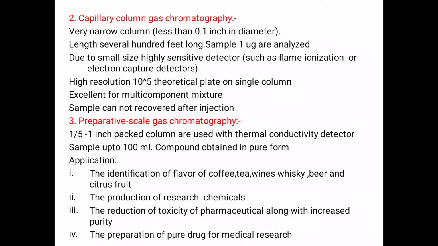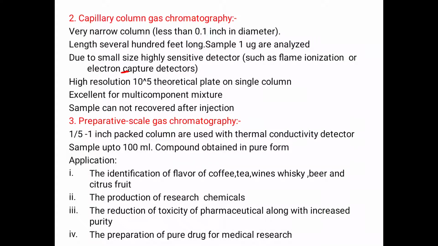The sample of 1 microgram may require size reduction with sample splitters to avoid swamping of the detectors, and due to this, small, highly sensitive detectors such as flame ionization or electron capture detectors are used.